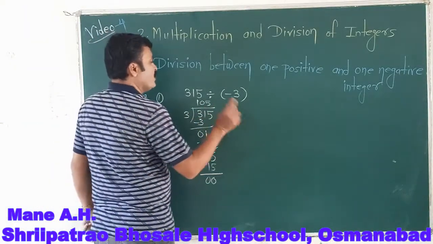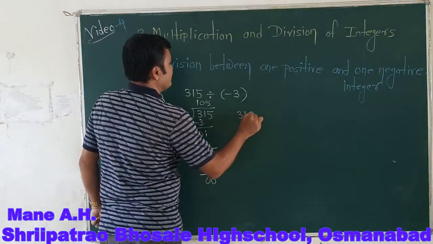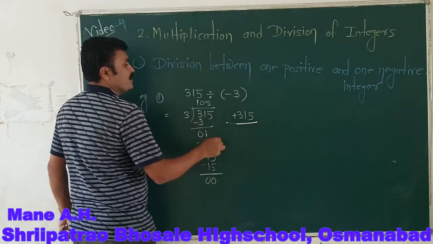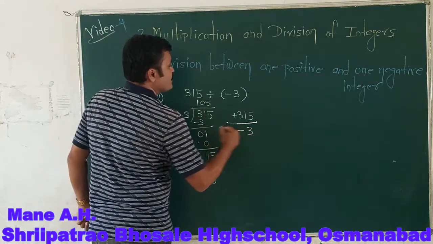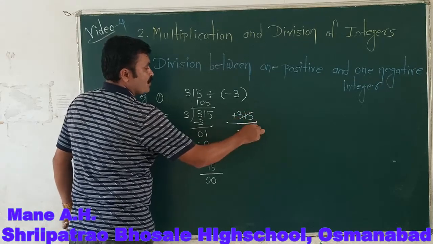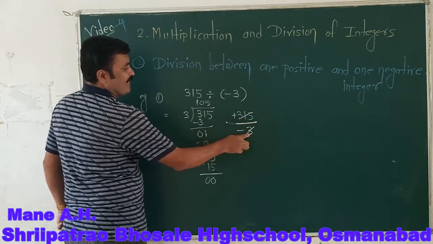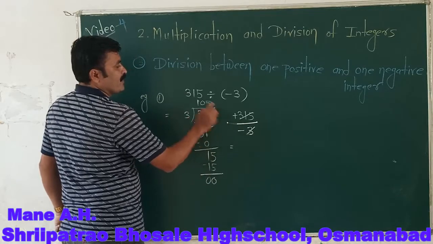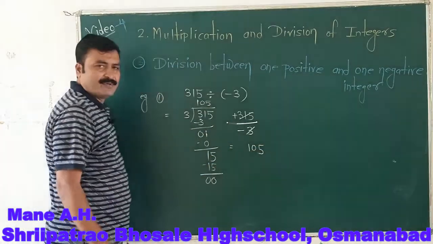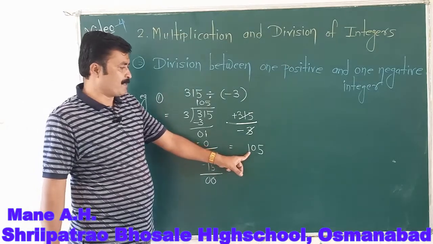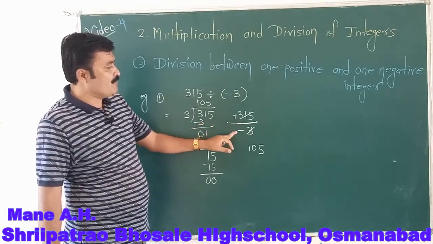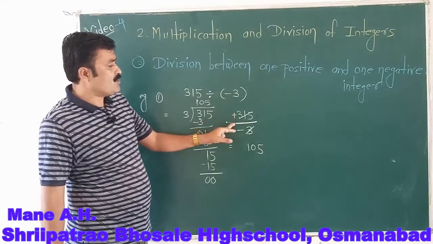So the rule we have to follow here now. 315 is a plus, that means a positive integer, and -3 is a negative integer. First we take the quotient, that means the division between their magnitudes. The magnitude that we get is 105. This is your first step. ही तुमची पहिली स्टेप असेल. आता दुसरी स्टेप साइन डिव्हिजन, प्लस डिवाइड मायनस.